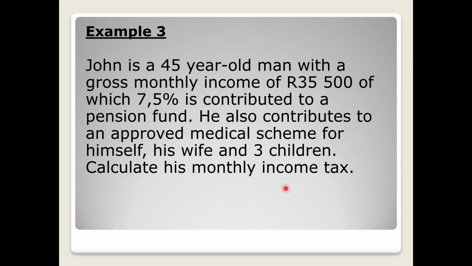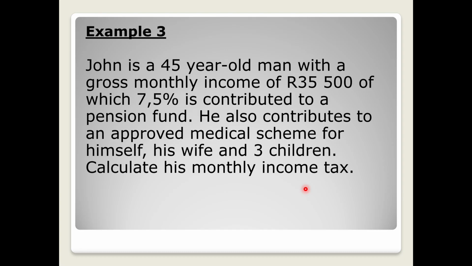All right, then we are going to move along to example number 3. John is a 45-year-old man with a gross monthly income of 35,500 Rand, of which 7.5% is contributed to a pension fund. He also contributes to an approved medical scheme for himself, his wife, and 3 children.